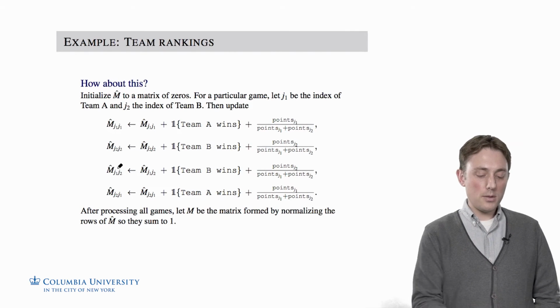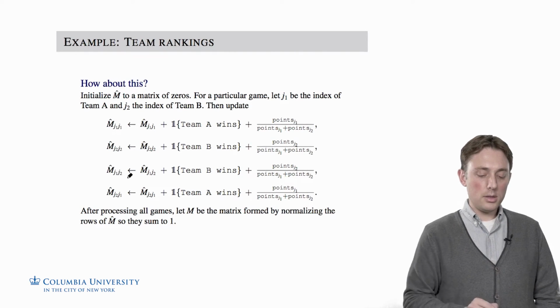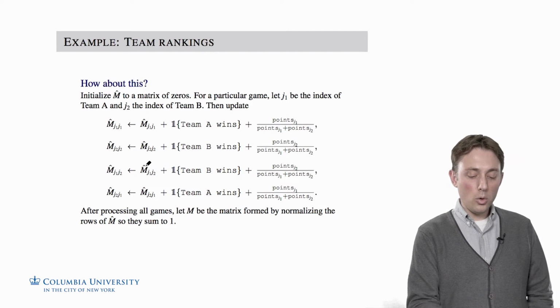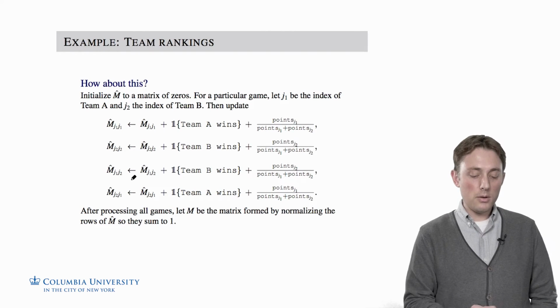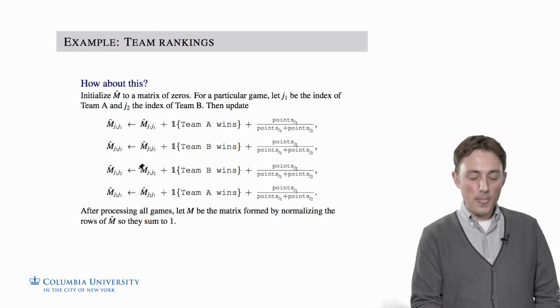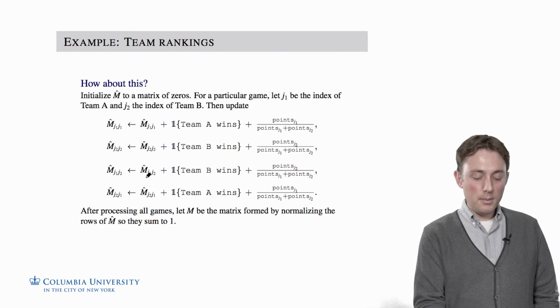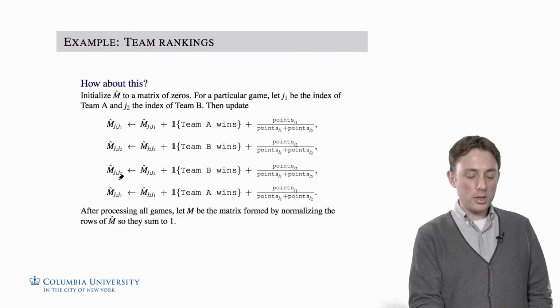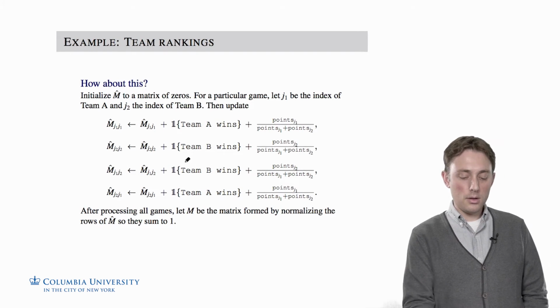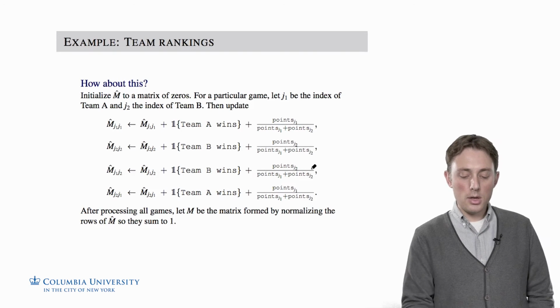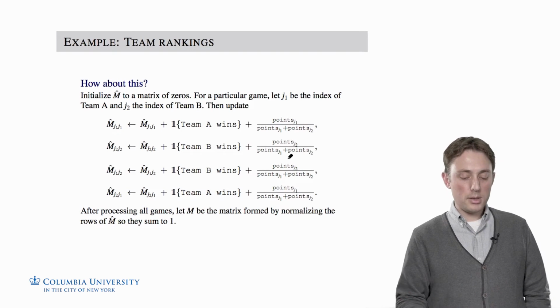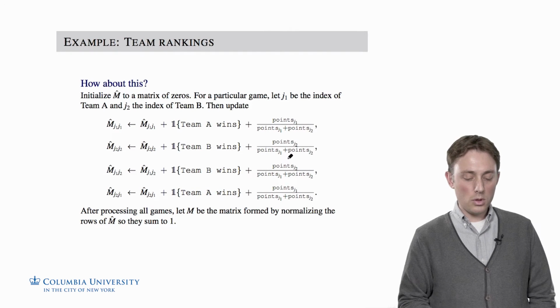Now, to update the weights of transitioning from team J1 to team J2, we take the old value. So if they've already played each other, then this will be non-zero. If they haven't, then this will be 0. We add to it an indicator that team B wins. So if team B corresponds to J2, then we want to increase the weight of transitioning from J1 to J2 by adding a point, a 1, to that transition, plus the fraction of points that team J2 scored.